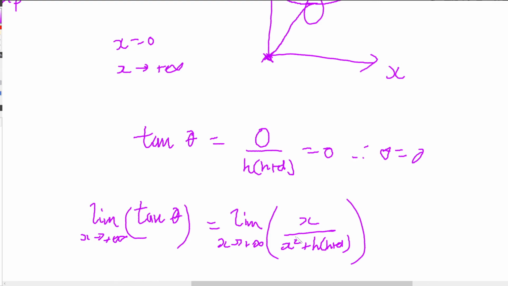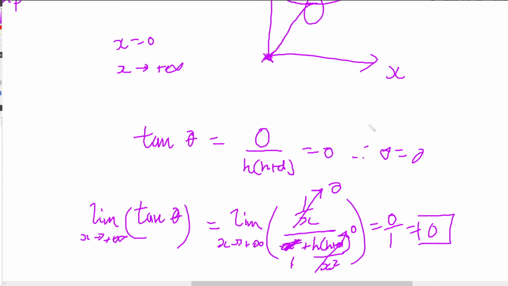And if we divide both sides by x squared, we get 1 over x times this over x squared plus 1 here. And because x is going to infinity, this goes to 0, this goes to 0, because both of these denominators go to infinity, and we're just left with a 1 here. So this is 0 over 1, which is 0 again.